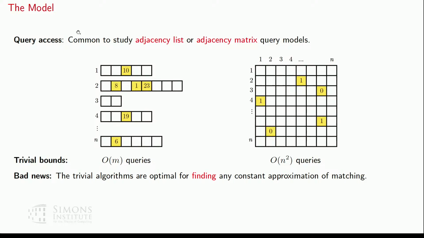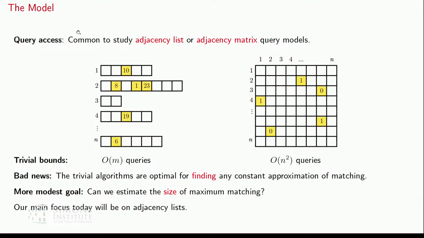So I mentioned this also in the first talk. These trivial bounds are actually optimal if you want to find the edge set of the matching, and even if it's just an approximate matching with a very bad constant approximation. So kind of the right question, in a sense, for sublinear time algorithms is, can we estimate the size of the maximum matching instead of reporting all of its edges?